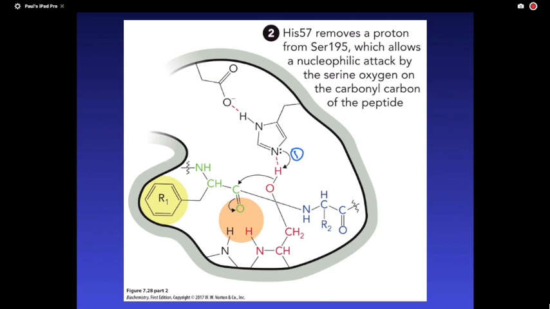Why would it attack the carbonyl? When the oxygen is negative, it wants to do what? Attack the carbon. But why the carbon? Because it's partially positive. Because why? Because the oxygen on the carbonyl is partially negative because of electronegativity.